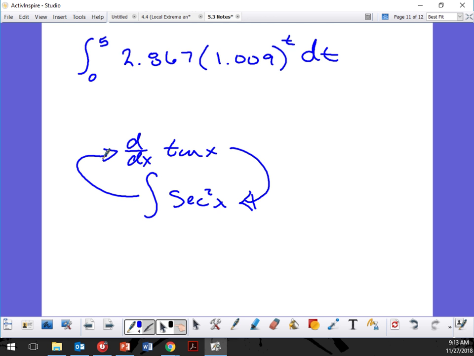So, do you have your cards with you? Okay, so what do you have? Take a look. For this right here, what's going to give me that? Because I have to have an integration that's going to give me this. Is it going to be 2.867 t? Isn't that the chain rule?